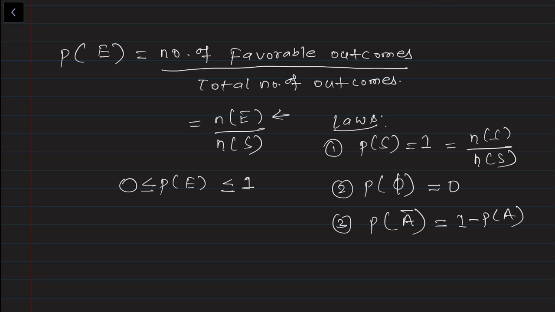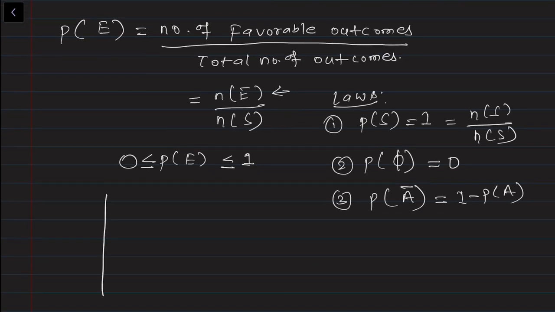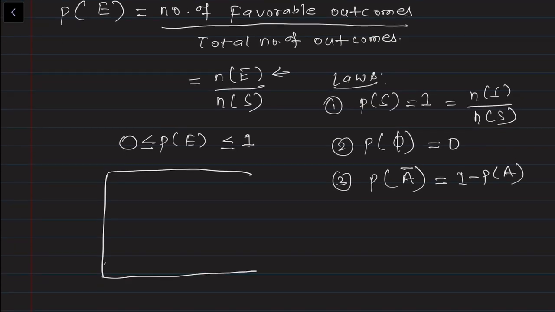And you can also look at this from the Venn diagram. So suppose this is your sample space and this circle is A, the event A. So what is A complement? So A complement is the area outside this circle, right? And the area of the sample space is always 1.